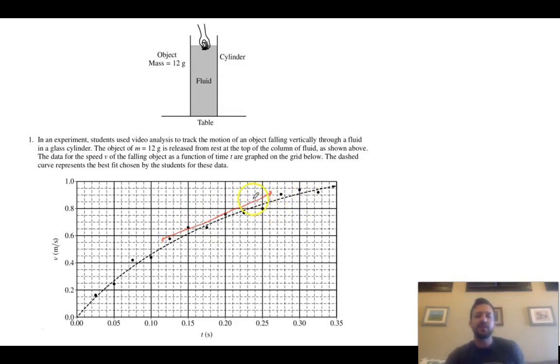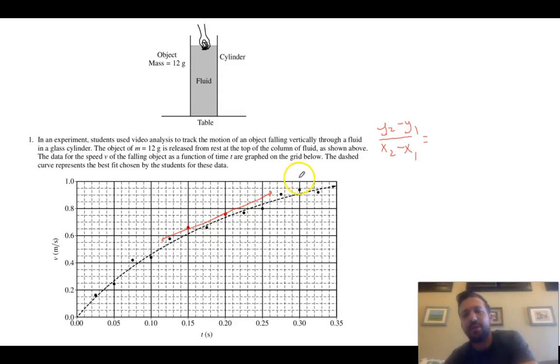As you can see, with my tangent line, what you want is two points that are easy to tell, because we're going to use y2 minus y1 over x2 minus x1 to figure out the slope. The slope of a velocity-time graph is acceleration, right? So to approximate the value of the acceleration at point 2, we would find the slope at point 2. I'm going to use this point right here and this point right here. They look like they're close to my tangent line that I drew.